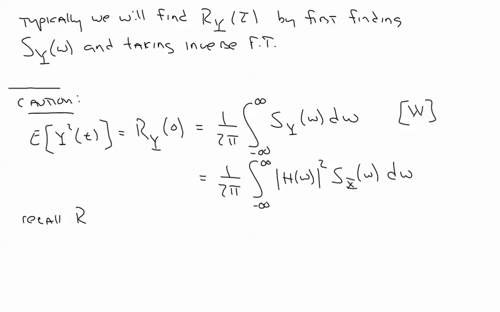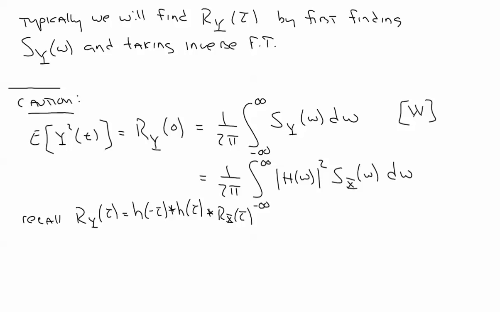Recall that my autocorrelation at the output equals... running out of room. Remember that's a tau, not a 2. Okay? Let's fix that.